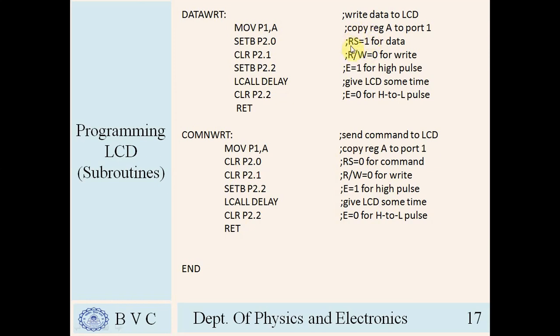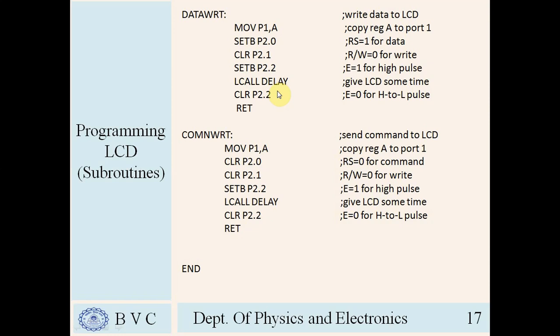We are all aware of this point: when you are sending data, register select should be made equal to 1, and when you are giving a command, register select should be made equal to 0. So that is the first step. Register select is made equal to 1, then read or write is made equal to 0, then the enable pin is made high, then low, and then return back to the main program.